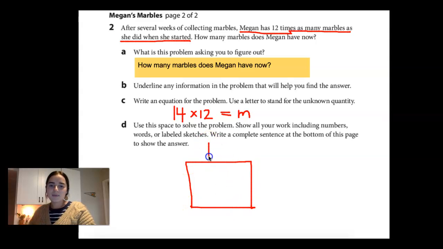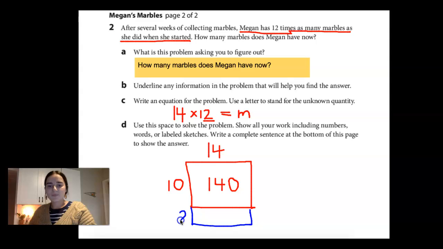I'm going to set it up 14 times 10 because I already know that answer. 14 times 10 is 140. But we're not done yet because we still have 2 more sets of 14 that we need to add. So I'm going to extend our array by 2.